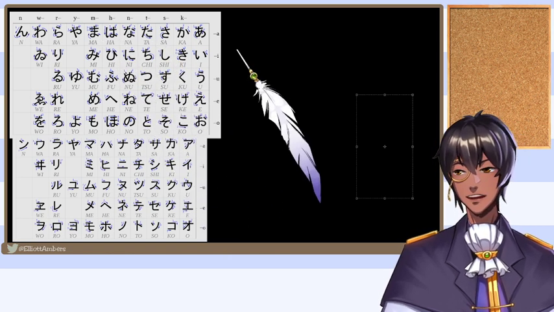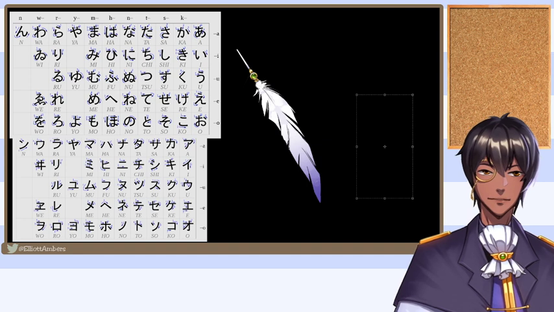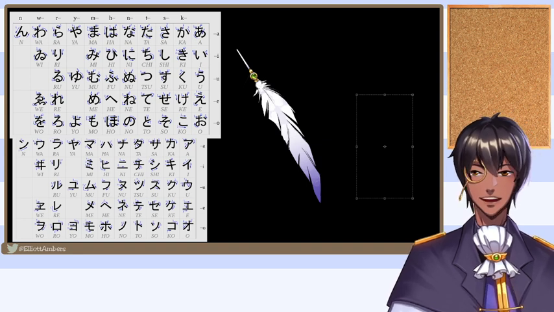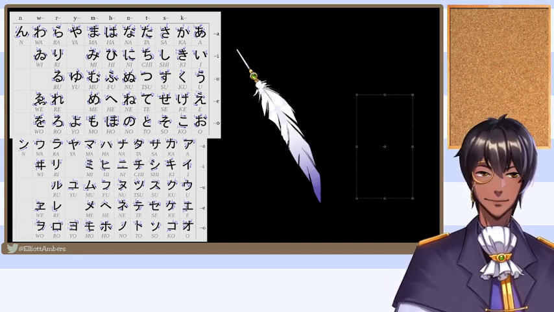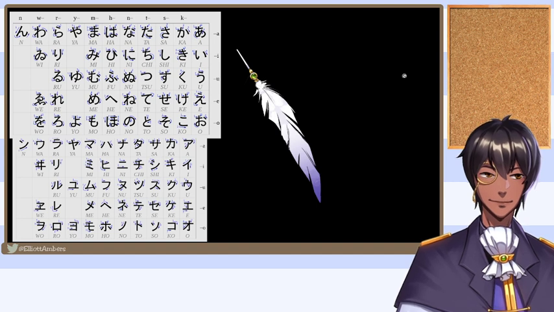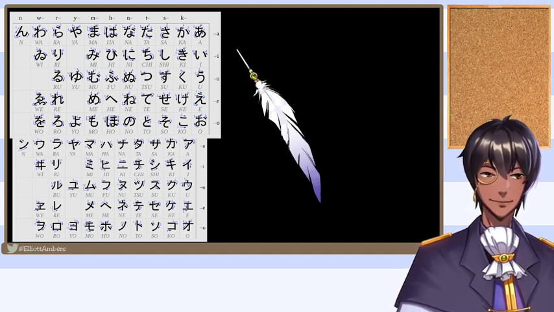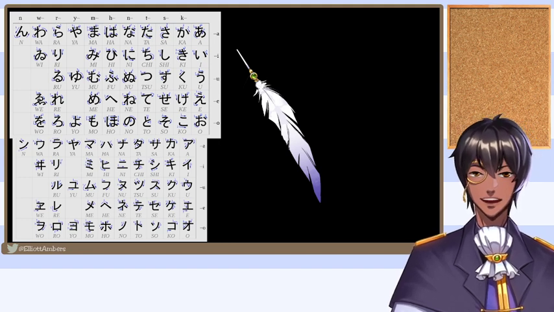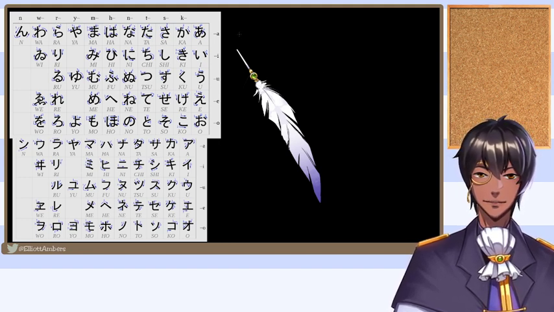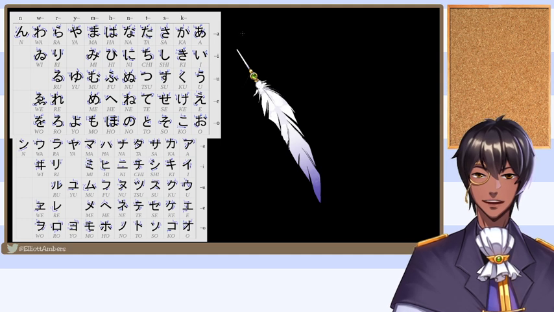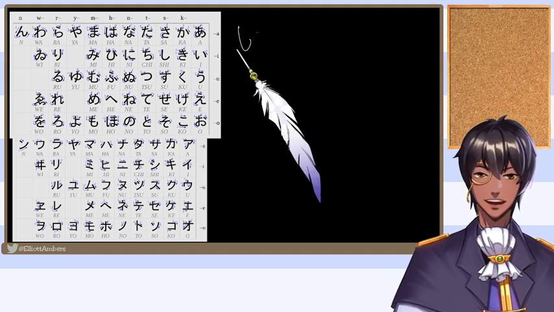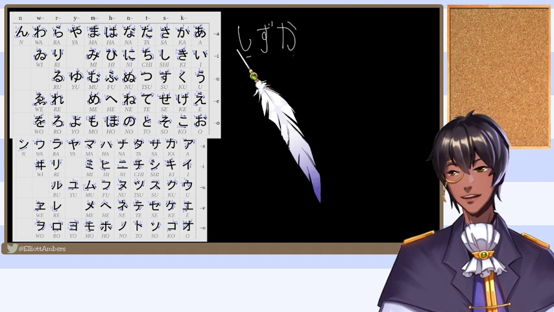And these are all used to create words, you know? We talked about some examples of words that we could create, like, say, if I use the characters, let's say, shi, and this would be zu, ka. Shizuka is quiet, you know?